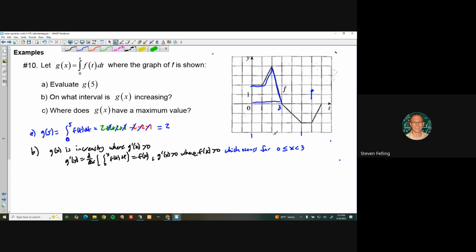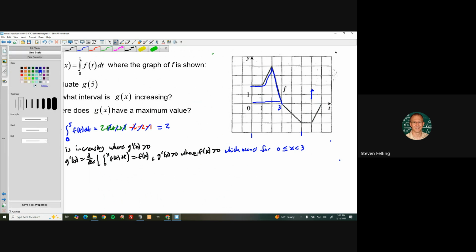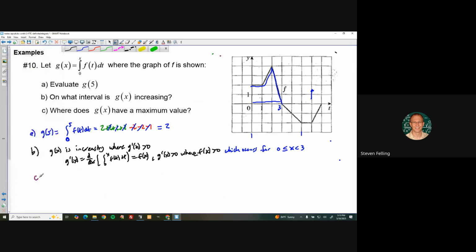And then we can say, where does g of x have a maximum value? For that, we can say g of x will have a maximum value at wherever g prime of x is 0, at critical points, or it could be at interval endpoints.